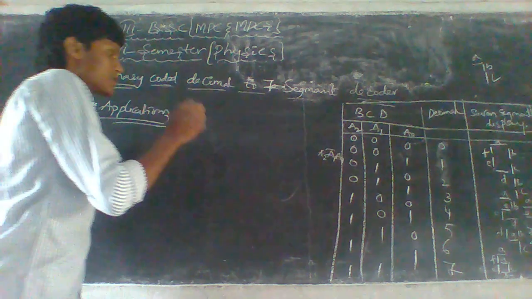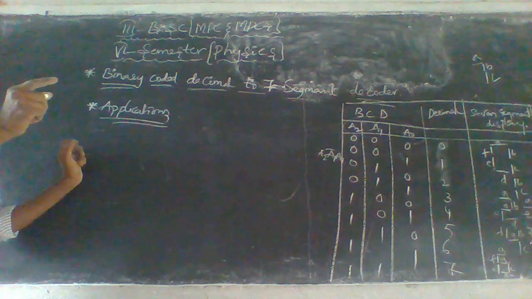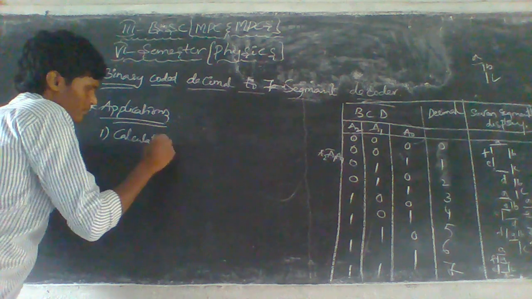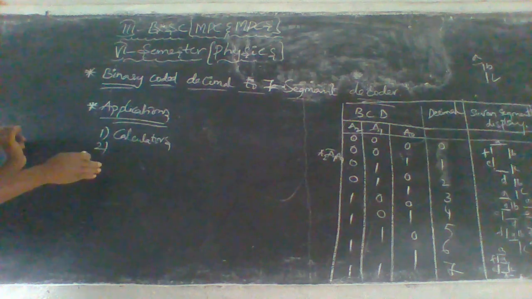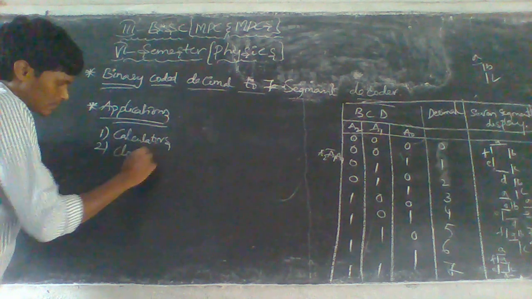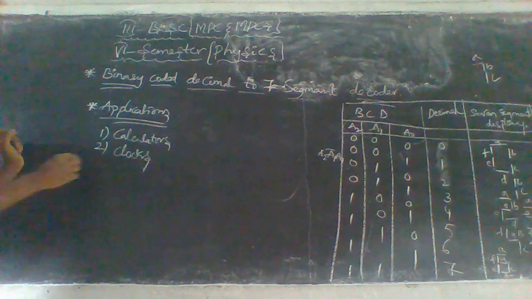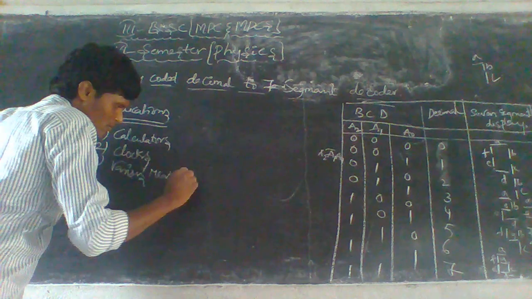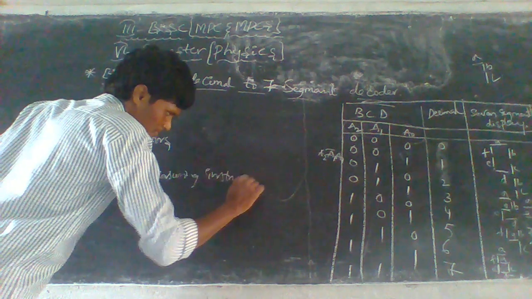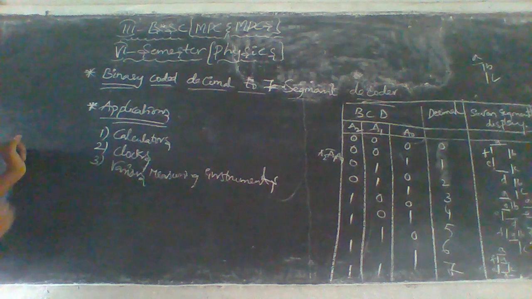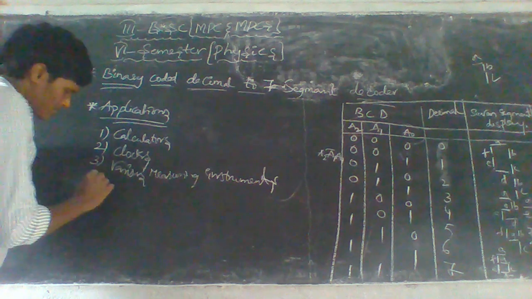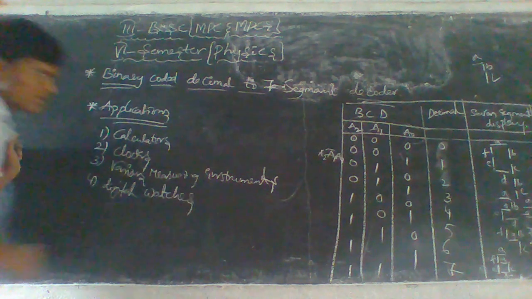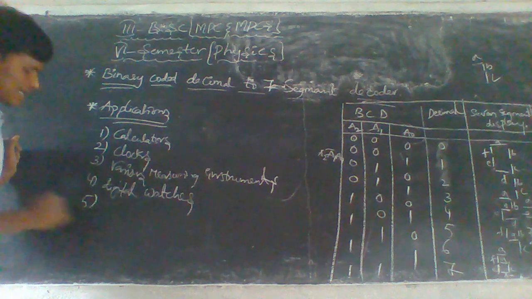Here the 7 segment displays are used to display the digits in calculators and clocks and various measuring instruments, digital watches and digital counters.